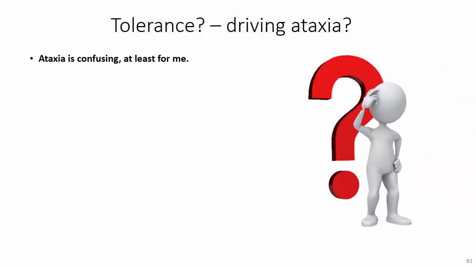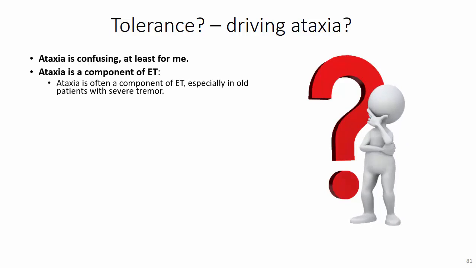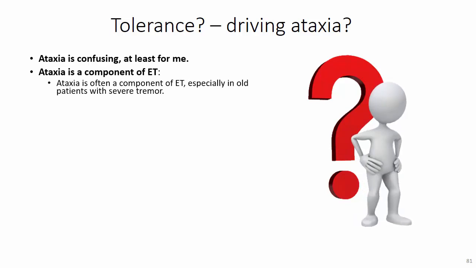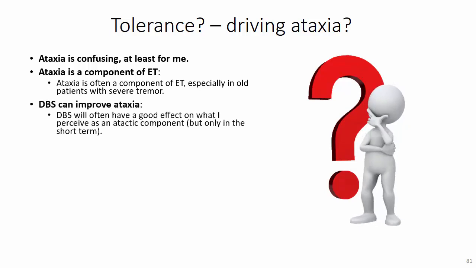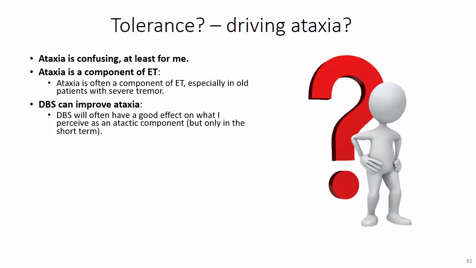Ataxia is confusing, at least for me. Ataxia is often a component of essential tremor, especially in old patients with severe tremor. DBS will often have a good effect on what I perceive as an ataxic component, but only in the short term.